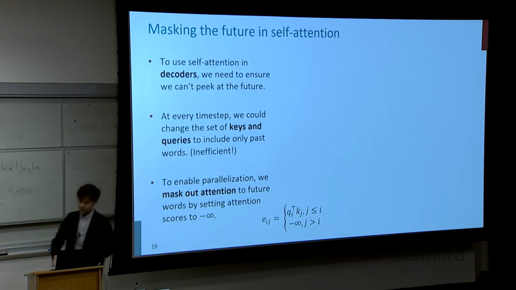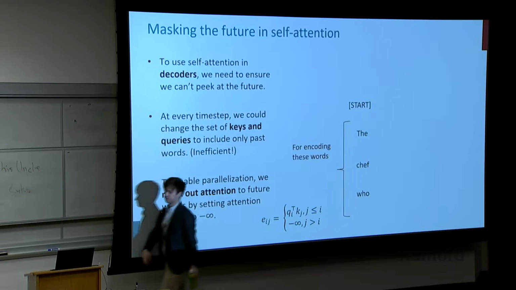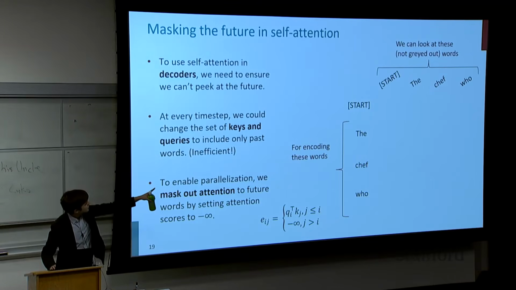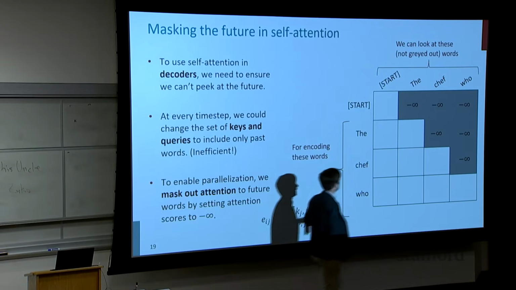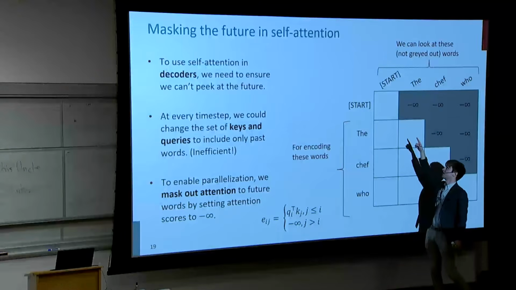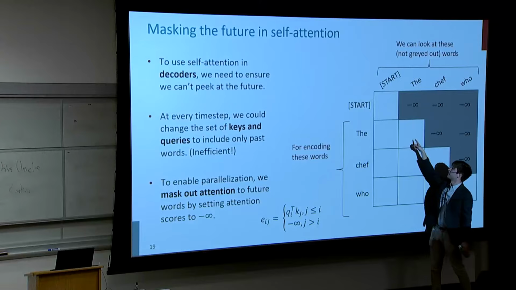What does this look like? So in order to encode these words, the, chef, who, and maybe the start symbol there, I can look at these words, right? That's all pairs of words. And then I just gray out, I negative infinity out the words I can't look at. So when encoding the start symbol, I can just look at the start symbol. When encoding the, I can look at the start symbol and the.